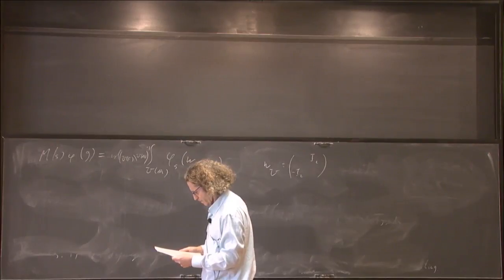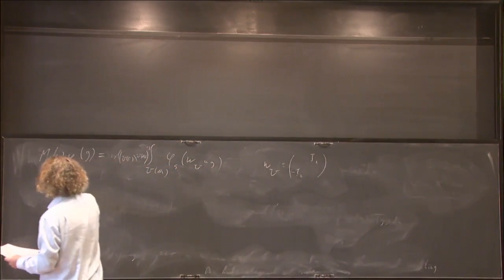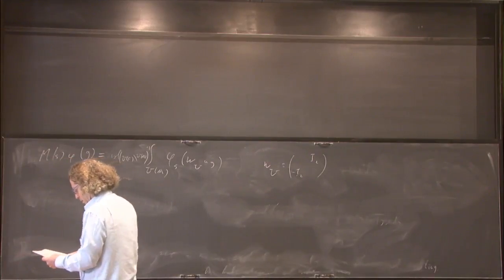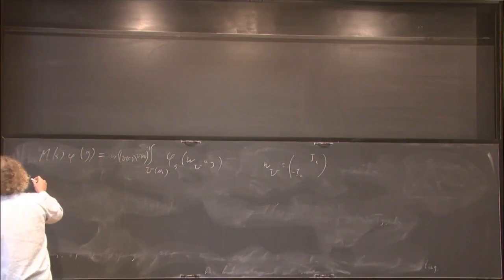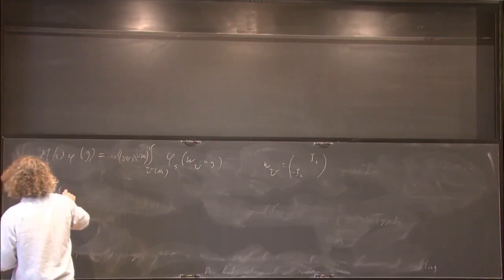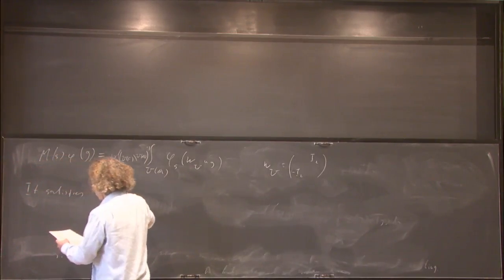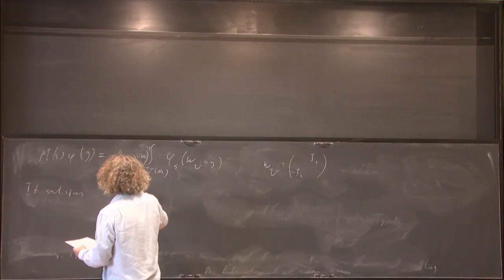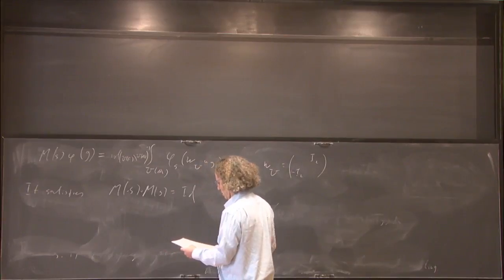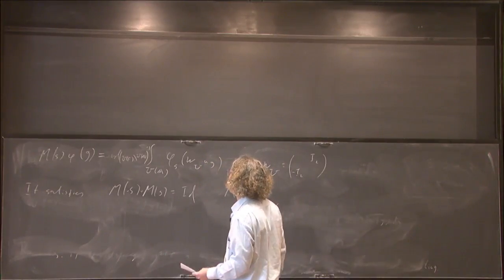And so again, it converges for real s large and admits meromorphic continuation. And it satisfies, after analytic continuation, M_{-s} composed with M_s is the identity. And the U is the top.